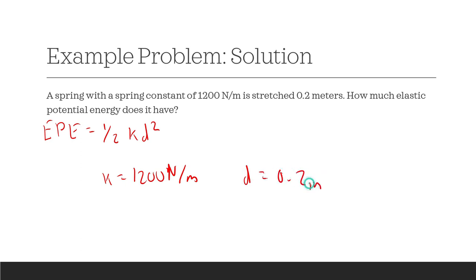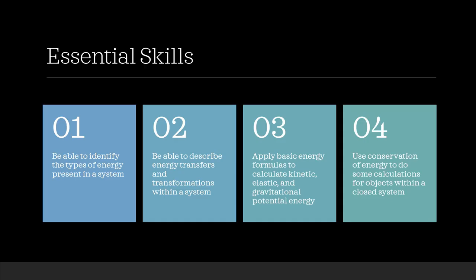So here, all we've got to do is 1/2 times 1200 times 0.2 squared. And when we plug that into a calculator, it is going to give us 24 joules. And that is how we solve that.